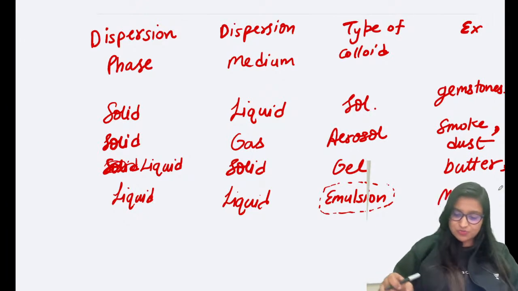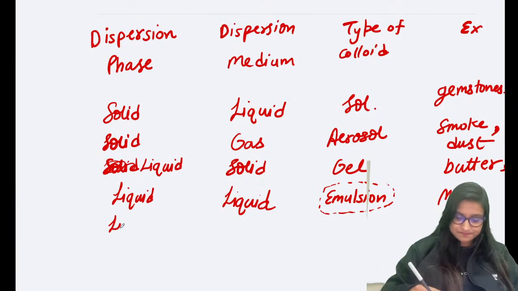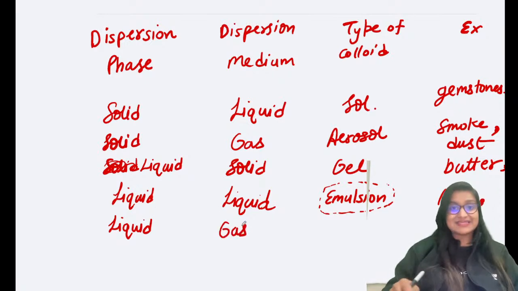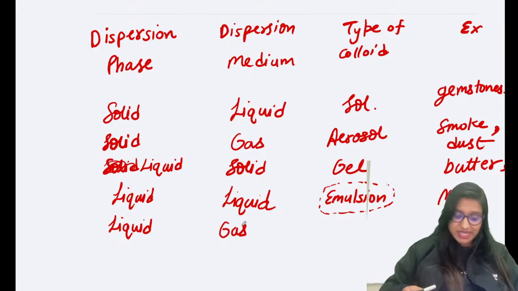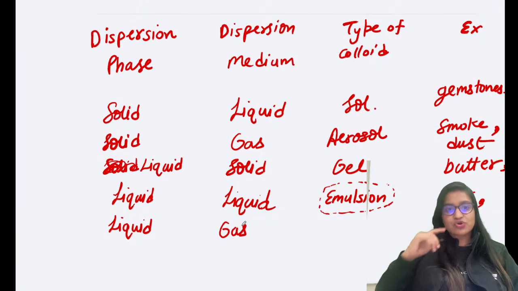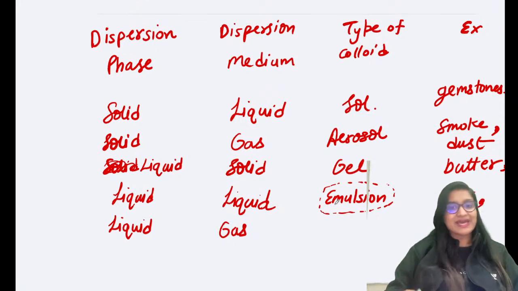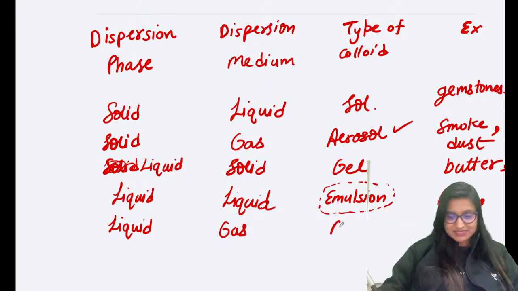Okay, let's move ahead. We did liquid in liquid, right? Let's do liquid in gas. In this case, the type of sol which is formed is also called aerosol. Whether it is solid in gas or liquid in gas, it will be known as aerosol, okay?